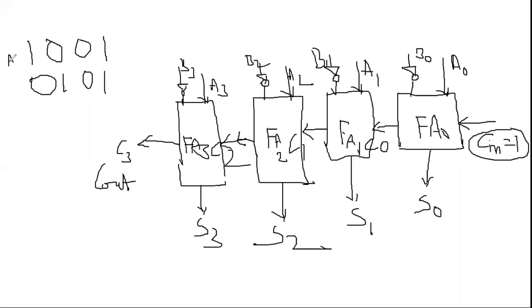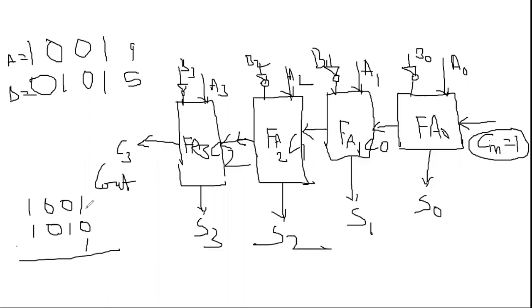Now you can see A is taken as 9 and B is equal to 5, 9 as a decimal value and 5. For the subtraction operation, you take 1001 and convert this as a complement value, 1010, and add 1 to the LSB bit.